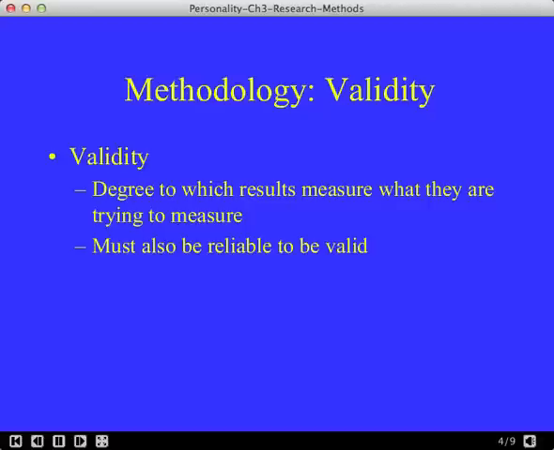So when you're looking at sociability, honesty, or intelligence, you get many different measurements. If all these different batteries of tests yield similar results, then it becomes more believable that the quality that you're interested in, sociability, honesty, or intelligence, is actually being measured.